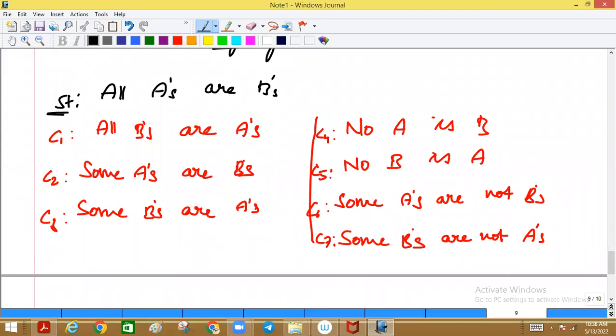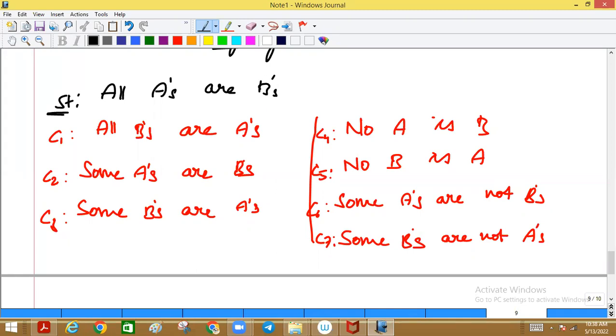Now, in this case, there is one statement followed by these conclusions. So you should say which one I can take from the statement and which one I can't take from the statement. It's only checking your knowledge, right? Now, the moment I say that all A's are B's, can you tell me for which conclusion I can take and which conclusion I can't take? Some A's are B's you can take, okay.